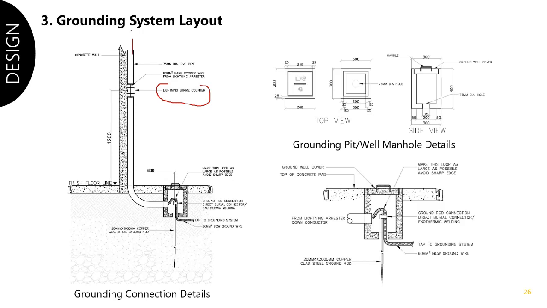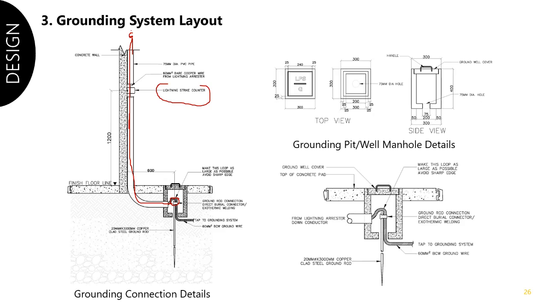This part is from the air terminal going down the down conductor, then flowing onto the lightning strike counter, then going to our first grounding well or ground pit, which is called the test pit. In the test pit, we have a point of disconnecting the down conductor and the grounding system.